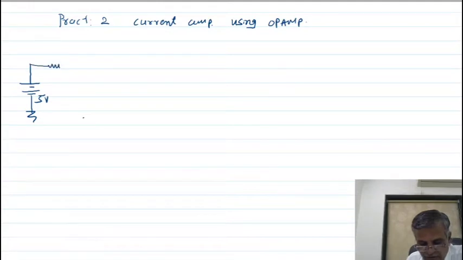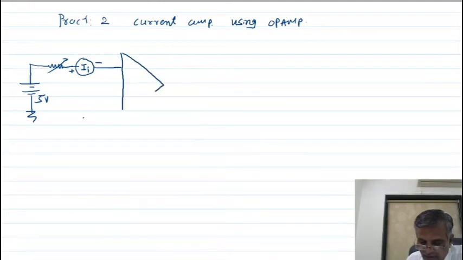These are potentiometers. You can vary the current. I want to vary this input current, and it is given to the non-inverting terminal of the op-amp. This I am making ground.